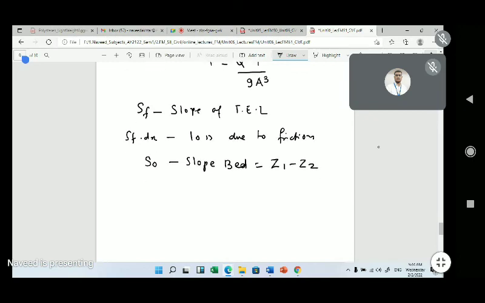Q is the constant discharge, that is constant, the net discharge is not changing.